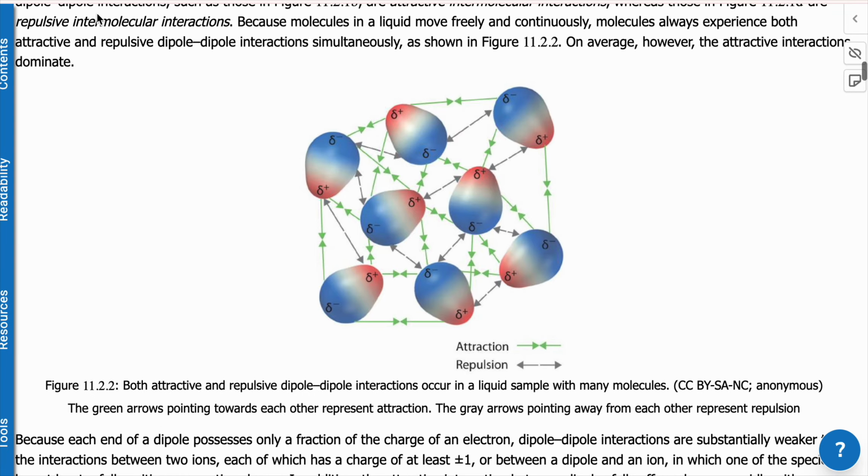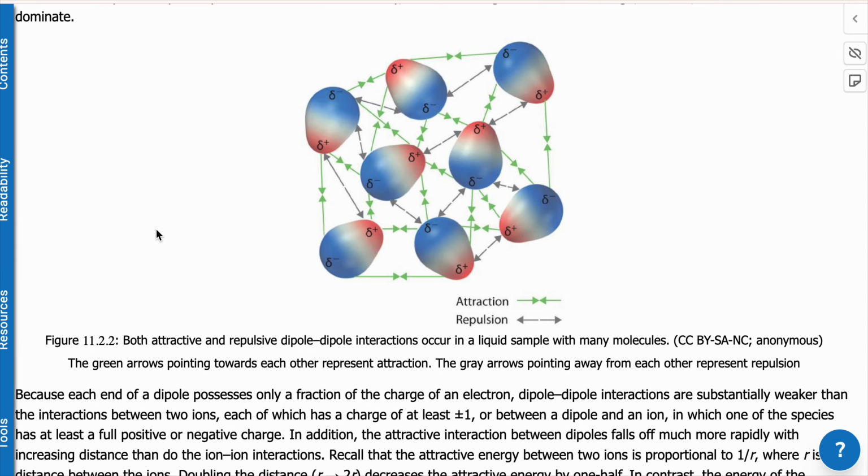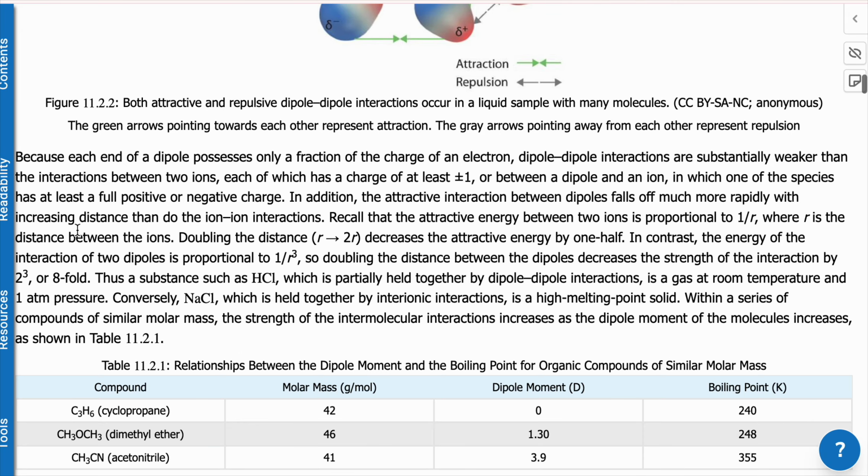However, attractive interactions dominate, means the dipole bond between oppositely charged atoms is more dominant than others. Because each atom possesses only a fraction of the charge of an electron, dipole-dipole interactions are substantially weaker than the interactions between two ions.